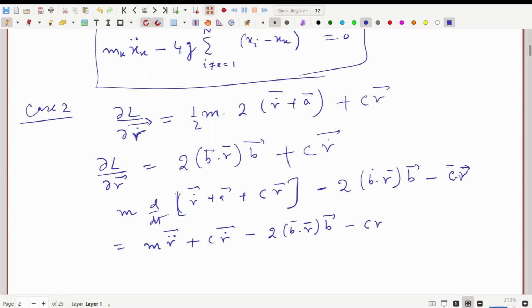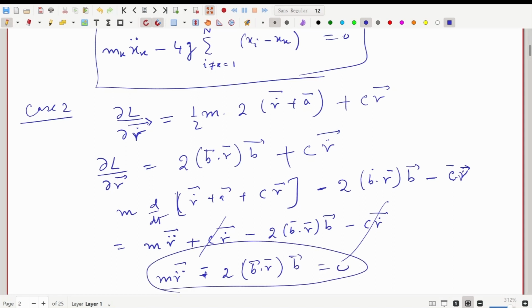A dot was missed here, so it will be a dot. So there will be a cancellation of this term, and you will have m r double dot vector minus 2 (b dot r) b vector, because there is a minus, equal to 0. So these are two examples where students have difficulties.